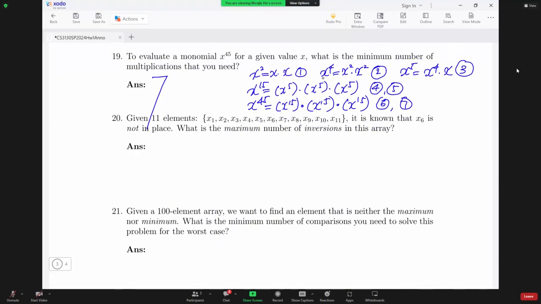So number 20 we do in this way. Because here there is an extra condition: x6 is not in place. That condition usually makes the problem a little harder.